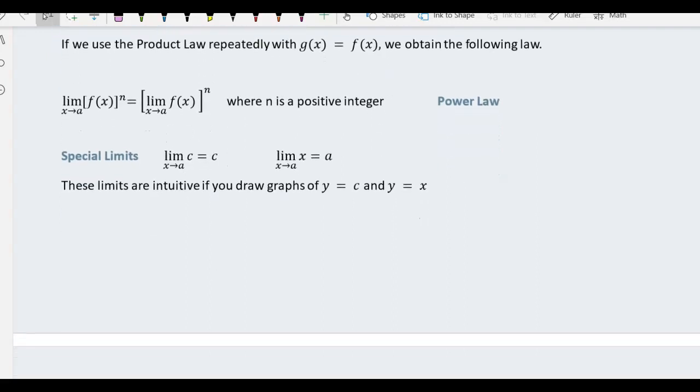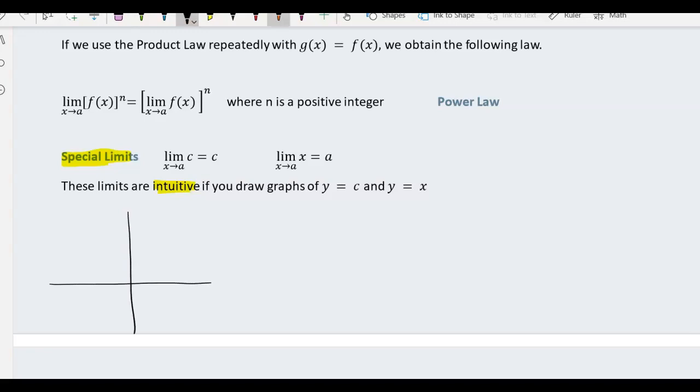These other two limits, these special limits, are a little bit interesting. They are intuitive. I'm going to draw the graphs for you so that you'll see that they are in fact intuitive. For the first one, we're going to draw a function y equals c, meaning that it's just a constant.